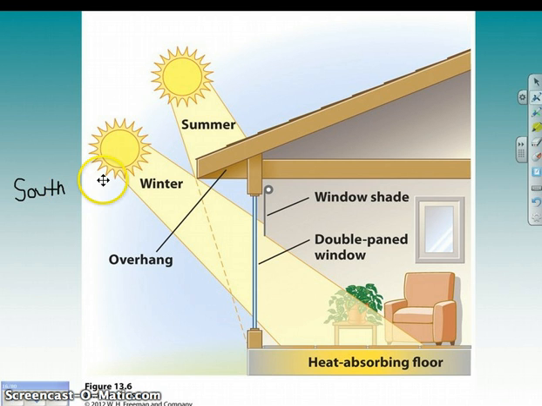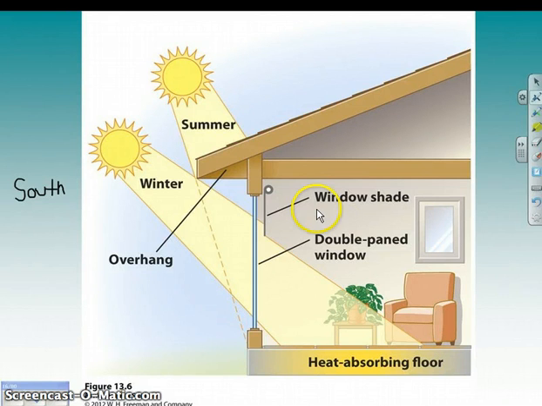So the southerly windows here allow the sun in the wintertime to shine through the window, and the floor is going to have a high thermal inertia down here. So that's going to warm the house in the wintertime. And sure, it won't warm the house to 75 degrees, but it'll keep the house relatively warm. So that'll be less energy that you have to use to keep the house at the temperature that you want it.